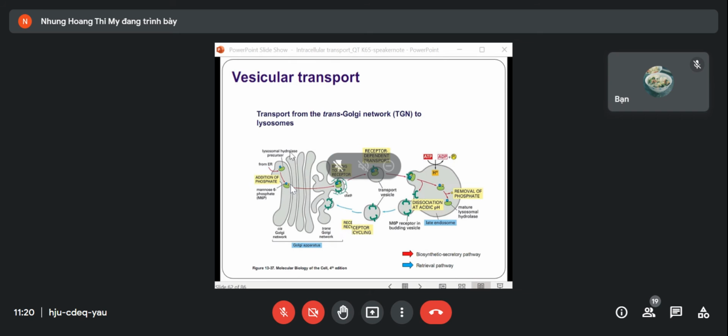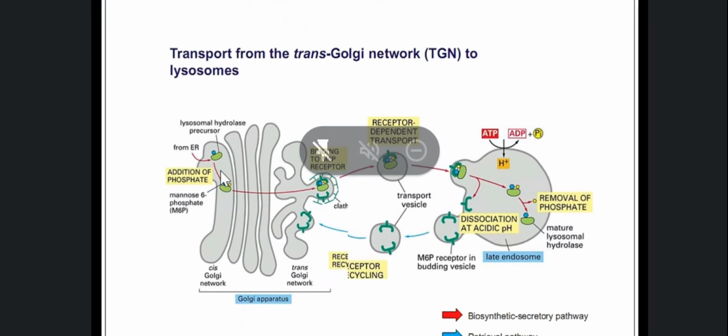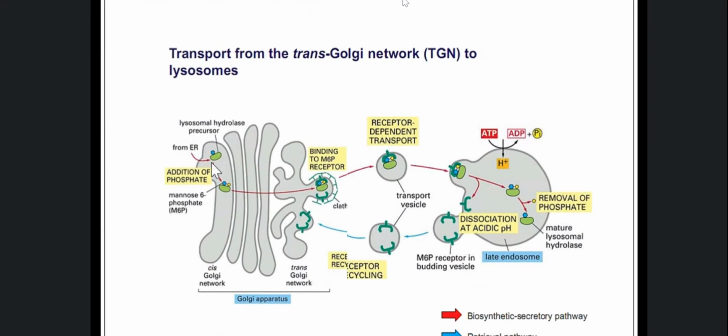So the hydrolase precursor coming from the ER to the cis phase of the Golgi will be added a phosphate group to make the mannose 6 phosphate attached to the hydrolase here. So when they come to the cis phase of the Golgi network, the phosphate is attached to carbon 6 of the mannose sugar on the hydrolase.